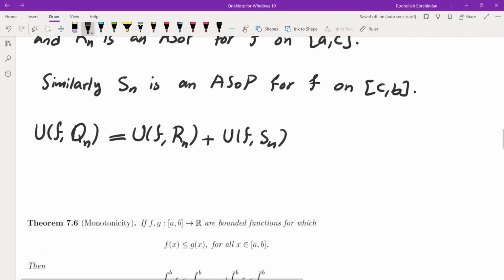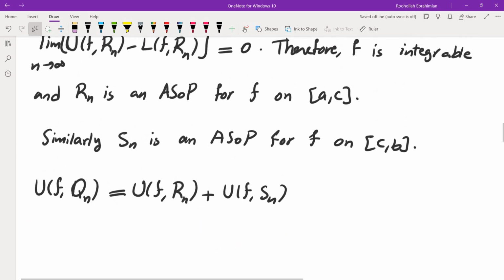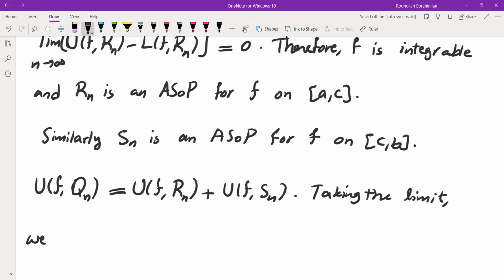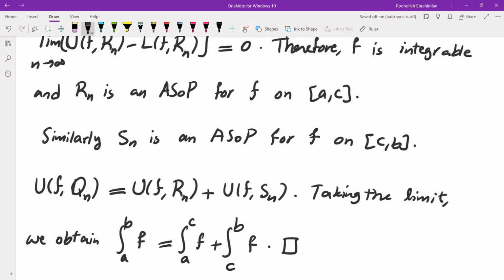Now, since Qn is an Archimedean sequence of partitions for f on [a, b], we can take the limit, and that gives us: the left side becomes the integral from a to b of f. The right side becomes the integral from a to c of f plus the integral from c to b of f. And that's exactly what we wanted to show.